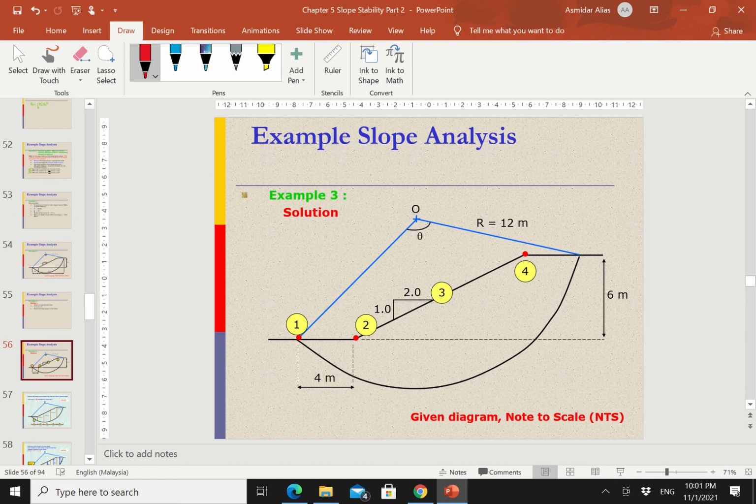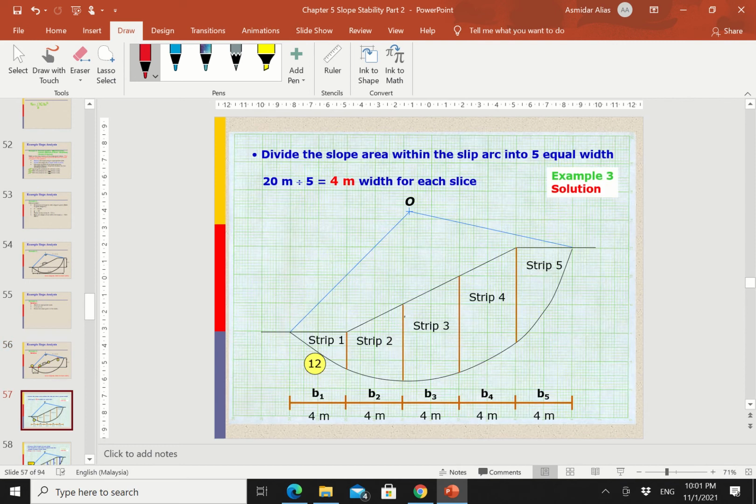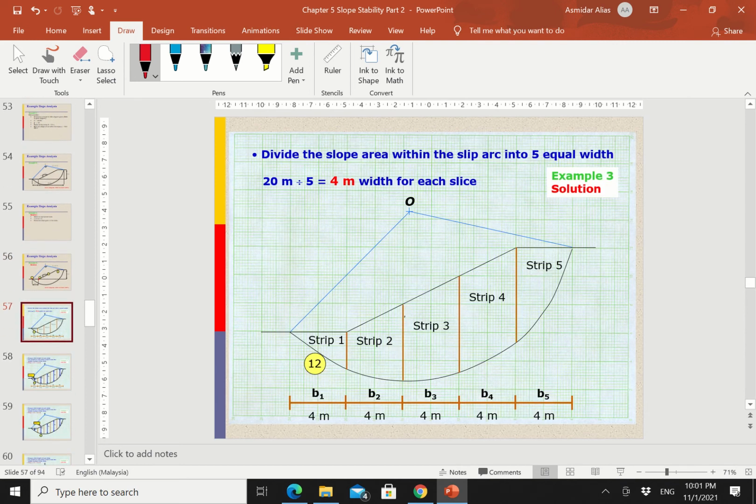You need to identify which points are important, take the measurements from the question, and then transfer them to the graph paper. In this question, you are asked to divide into 5 slices. So this is how you should slice the slope.